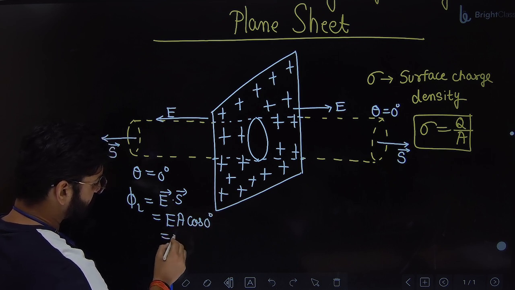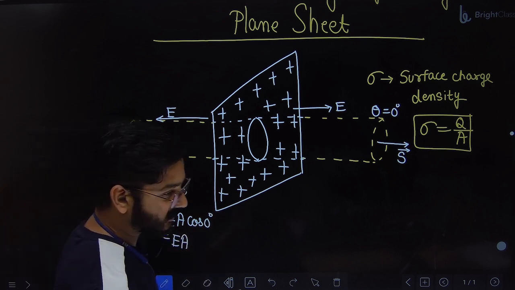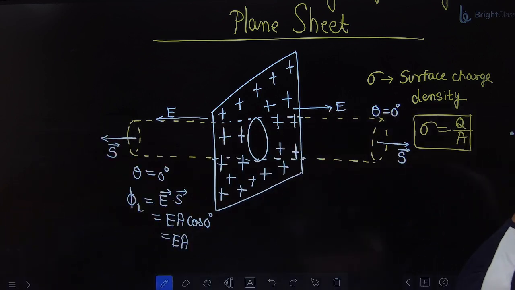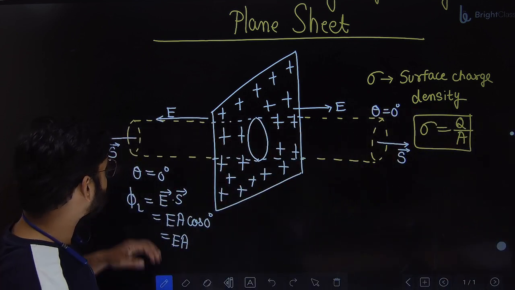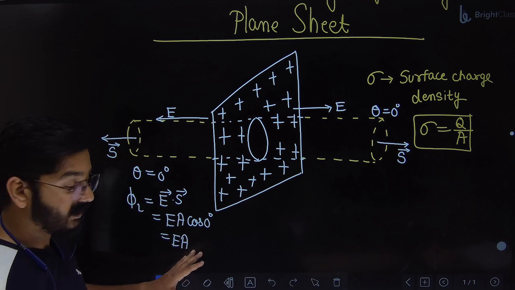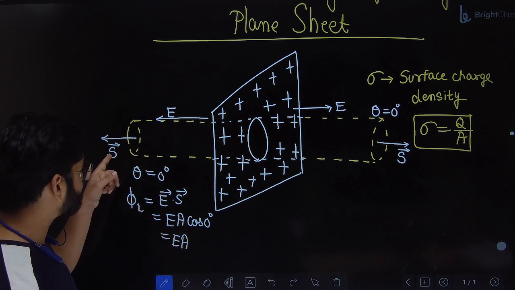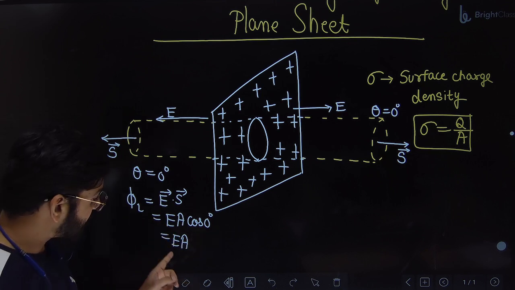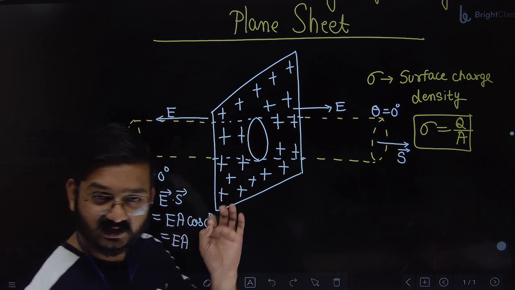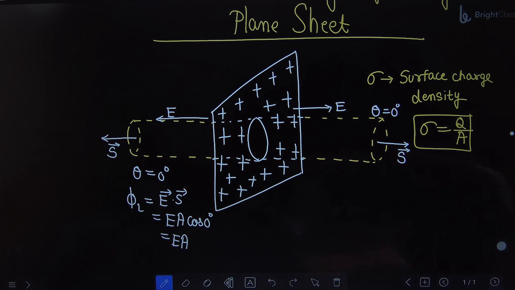Cos 0 is 1. Do not get confused about why you are not writing pi r squared, because the radius is not given to me. So I directly wrote A. If you want to write S, you can write ES also. That is also correct. No one will cut your marks.